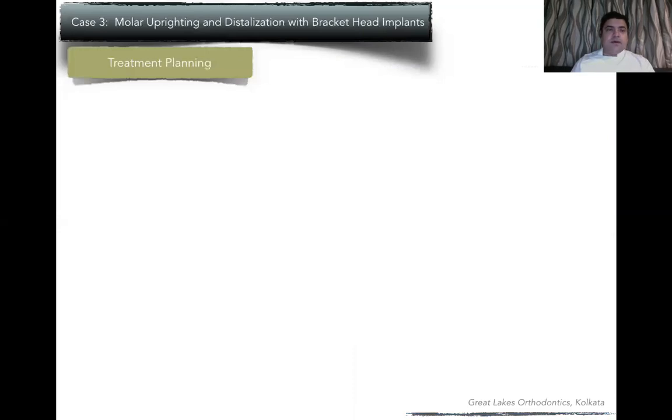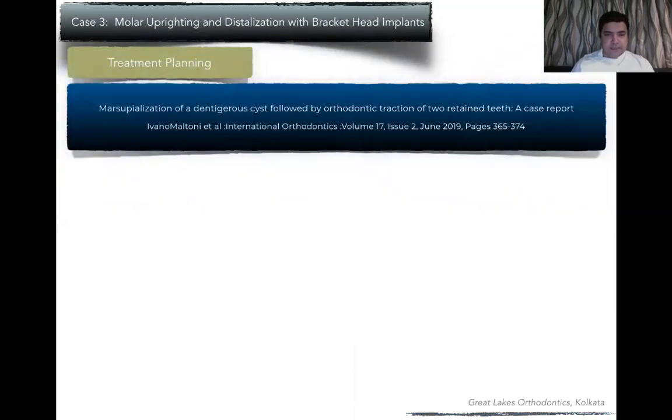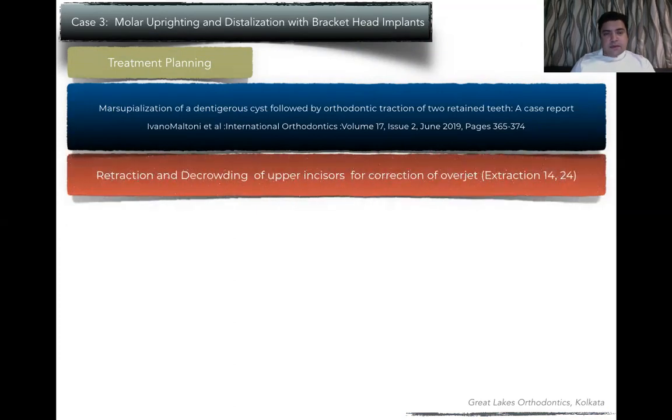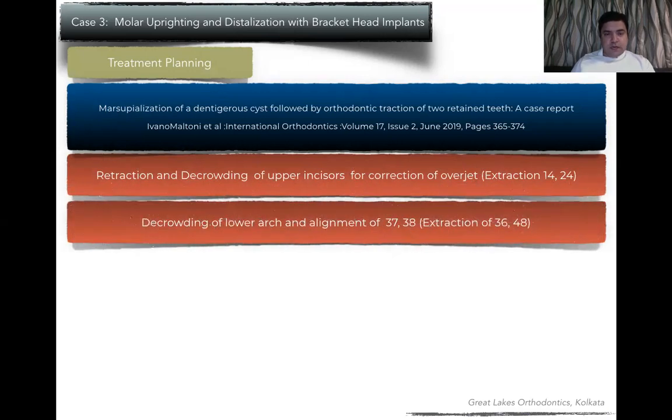So what's our treatment plan? Our treatment plan is based on this article by Maltoni, which talks about marsupialization of a dentigerous cyst followed by orthodontic traction of two retained teeth. The planning is retraction and decrowding of the upper incisors for correction of overjet, so we need to extract the first premolars in the upper arch, 1/4 and 2/4. We plan decrowding of the lower arch and alignment of 3/7 and 3/8, because we really don't want to lose the teeth and do enucleation, as then we would be left with no option but a prosthesis.